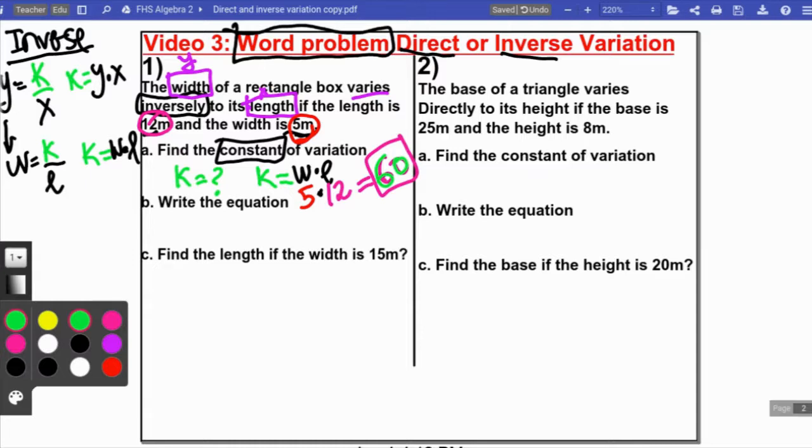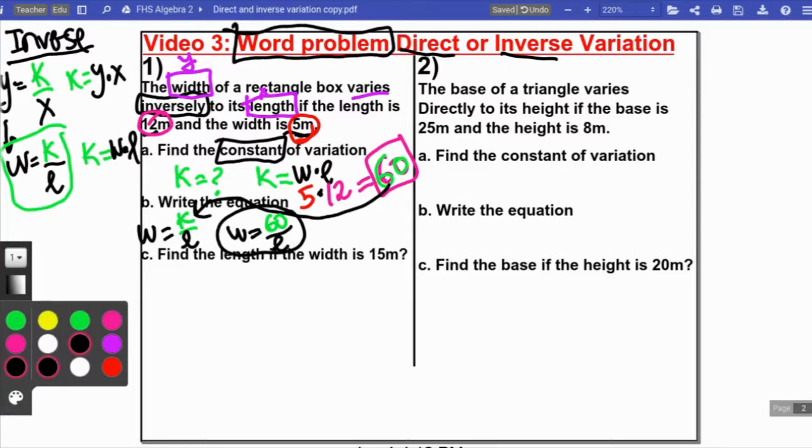Write the equation. To write the equation, we use this one right here: W equals K over the length. They want me to substitute K, which I already know. The 60 goes right here. So therefore, W equals 60 over the length. Done deal.